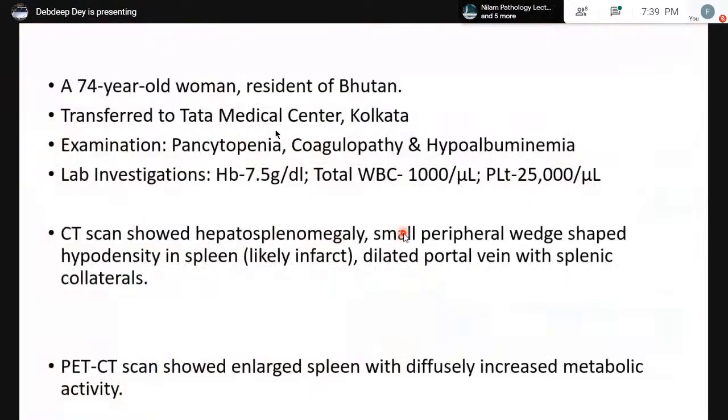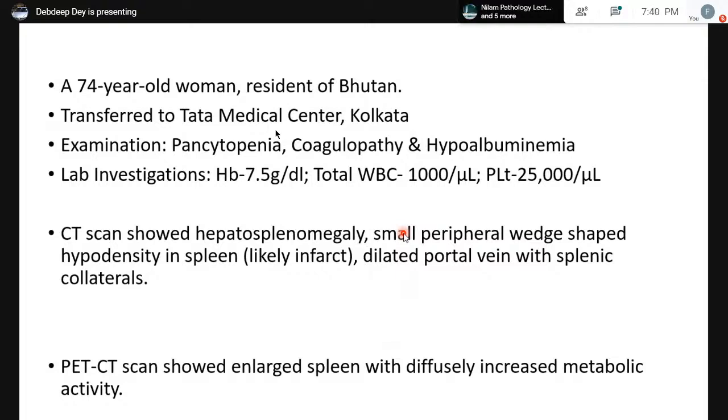So the next case is of a 74-year-old woman, a resident of Bhutan, transferred to our hospital at Tata Medical Center. She presented with pancytopenia, coagulopathy and hypoalbuminemia. The reason for me saying all these investigations is the almost total unsuspecting nature of a lymphoma and the varied clinical manifestations.